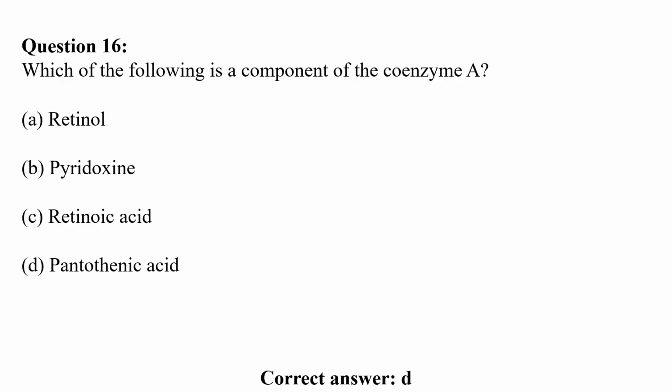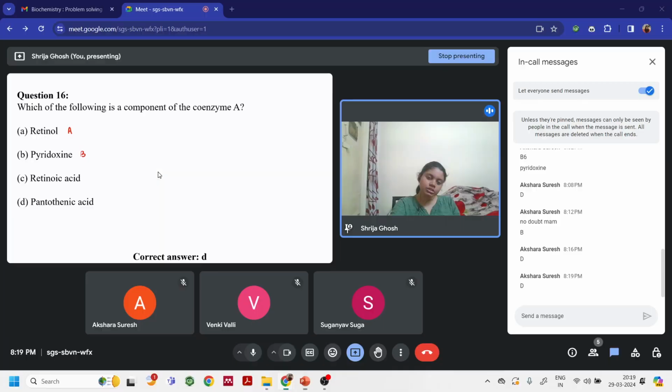So we have studied retinol. What is retinol? Retinol is vitamin A. Pyridoxine, what is pyridoxine? Which vitamin is pyridoxine? It is vitamin B. What is pyridoxine? Come on, that is how you will remember.